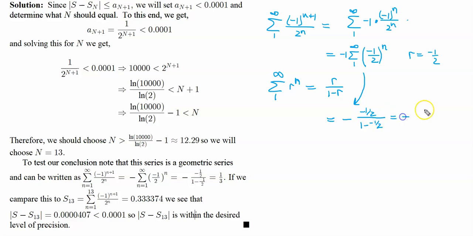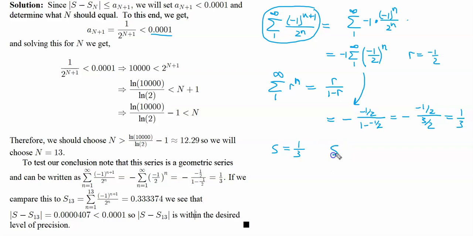So that's going to be negative 1/2 divided by 3/2. Now if we simplify this quantity, cancel the 2's, negative, negative give us a positive, you'll get 1 over 3, or 1/3. And that's what the S is equal to in this case. So S is actually 1/3.